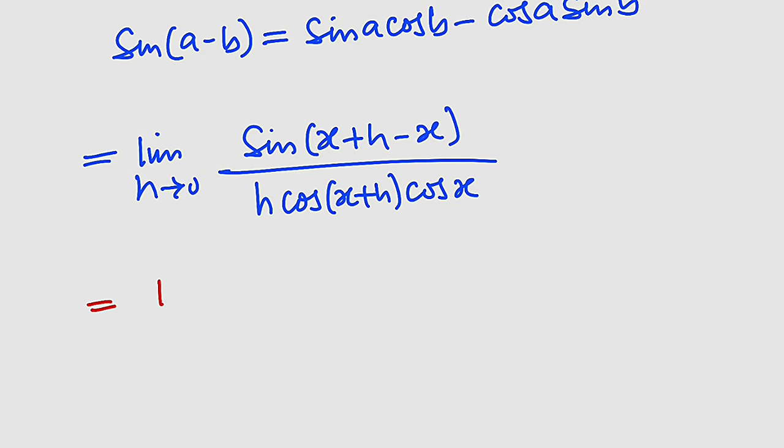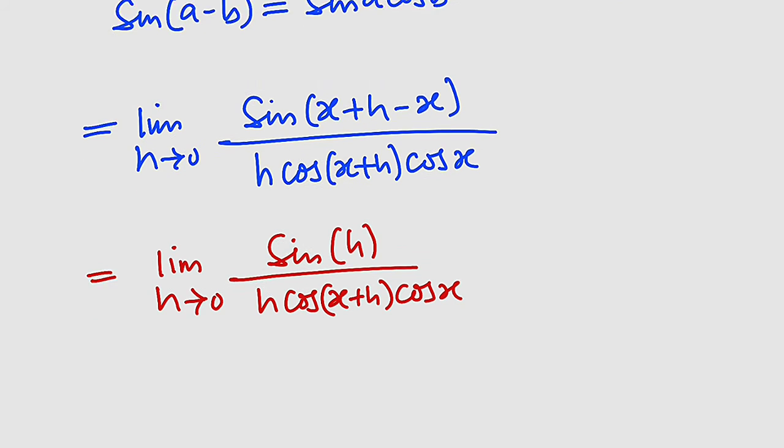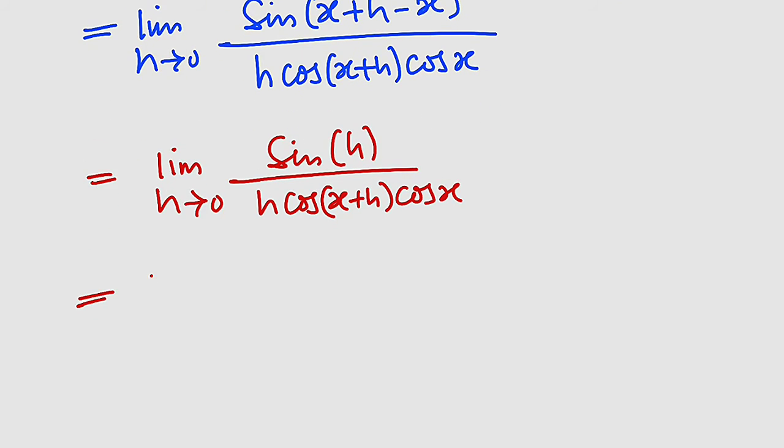So this is equal to the limit as h approaches 0 of sine of h alone, divided by h multiplied by cosine of x plus h multiplied by cosine of x. So from here we can split it into the limit as h approaches 0, this divided by h, right?